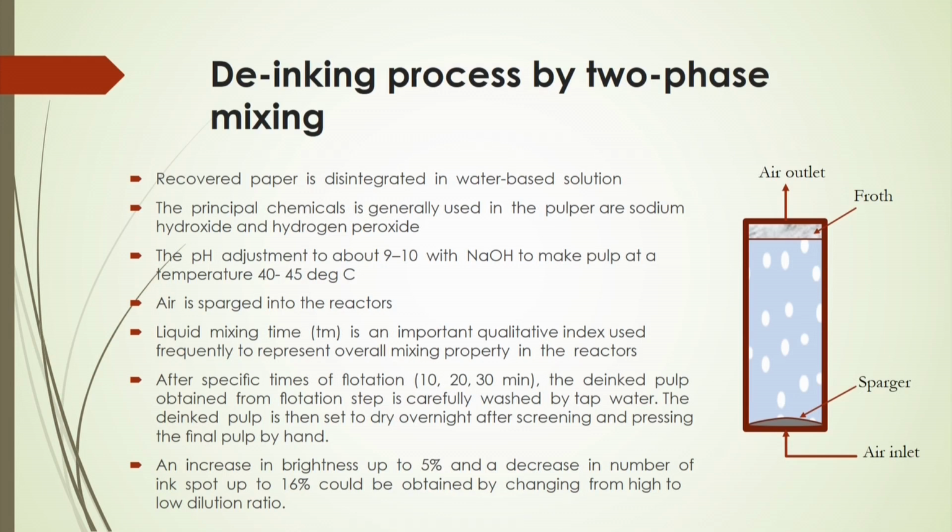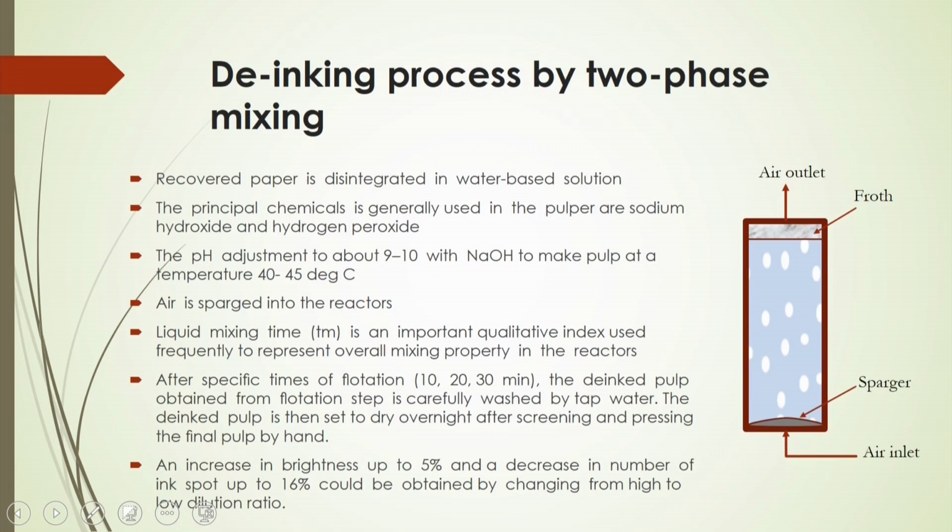You will see after processing by this flotation technique at a certain time, that is 10, 20 or 30 minutes, the color of that pulp is removed to a certain percentage.